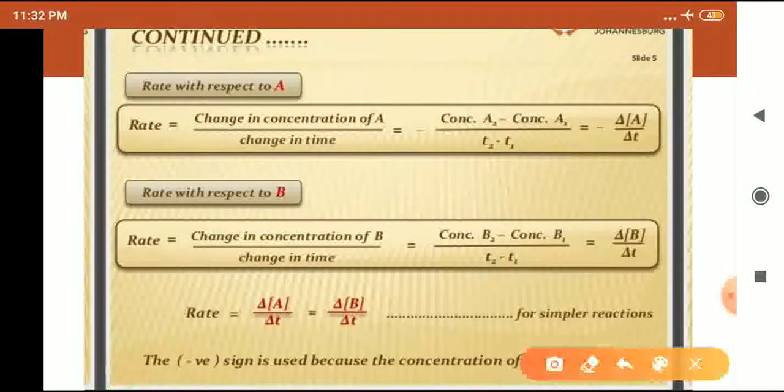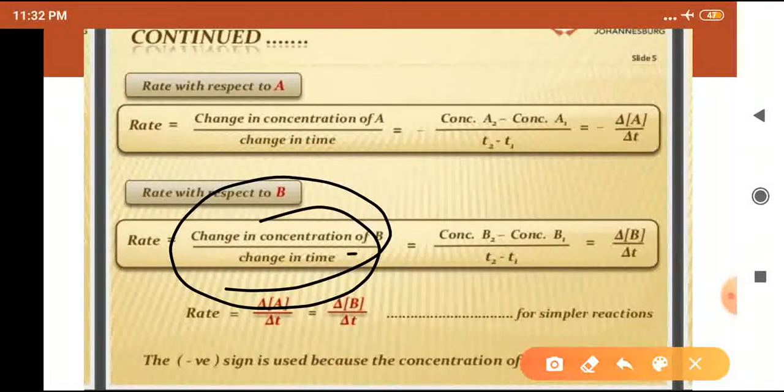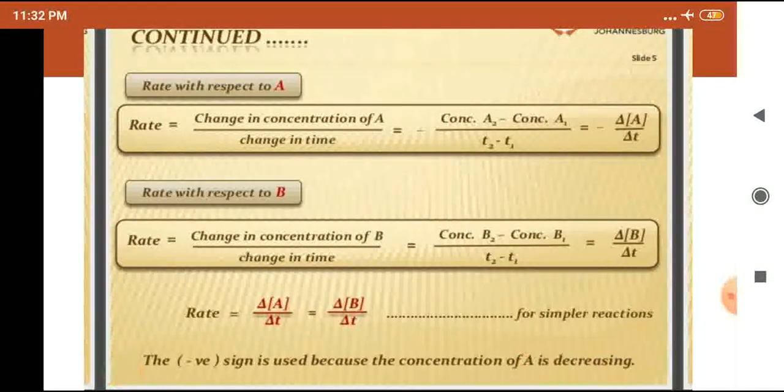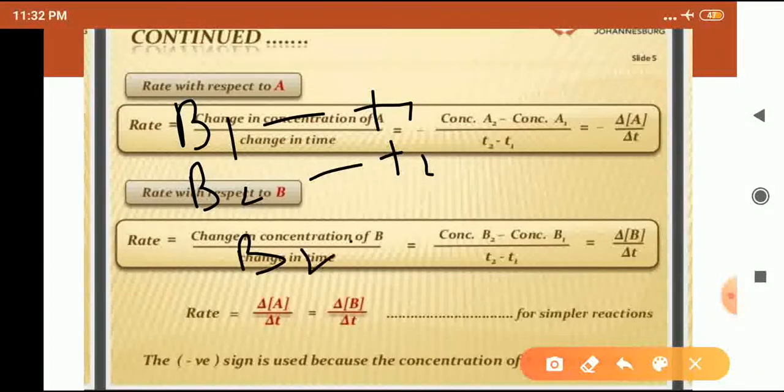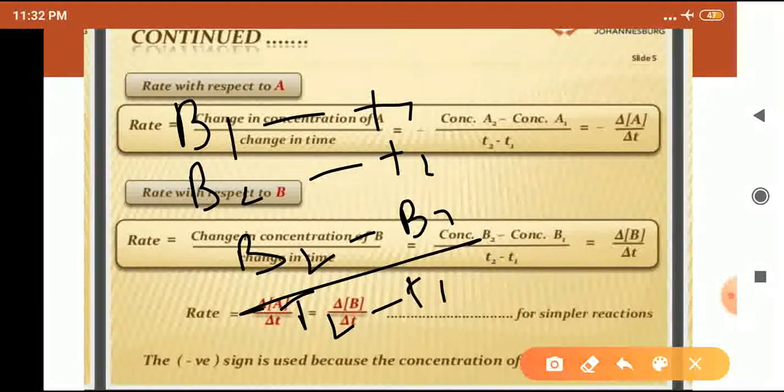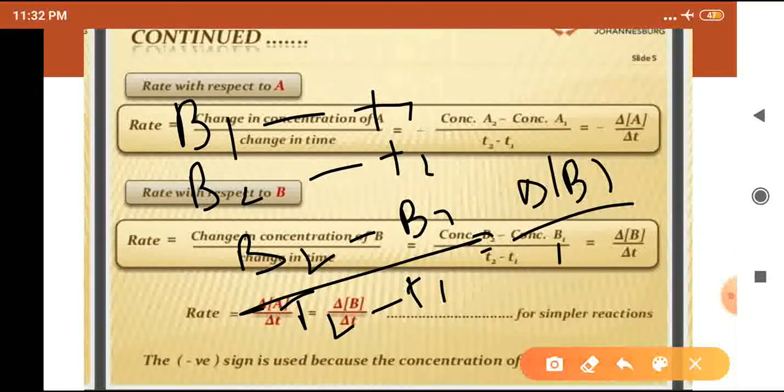For products, rate of the reaction can be expressed as change in concentration by change in time. Let B1 be the concentration at time T1, and B2 the concentration at time T2. Then change in concentration will be written as B2 minus B1 by T2 minus T1, which is equivalent to change in concentration by change in time.